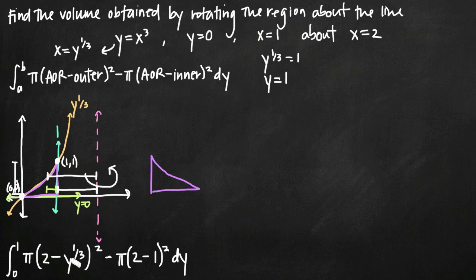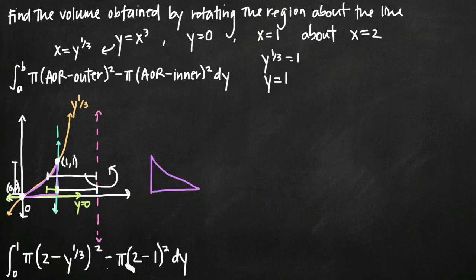You're going to have, for example, x to the 1/3 and 1 here. You're going to have dx, and your limits of integration are going to be, like 0 and 1 here, x values along the x-axis. But we have the opposite case here where we're rotating about a vertical line, so we have y values and y limits of integration.